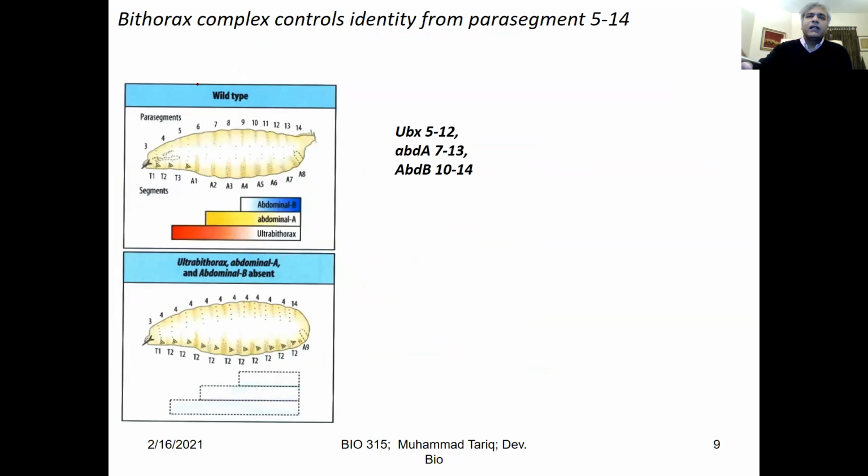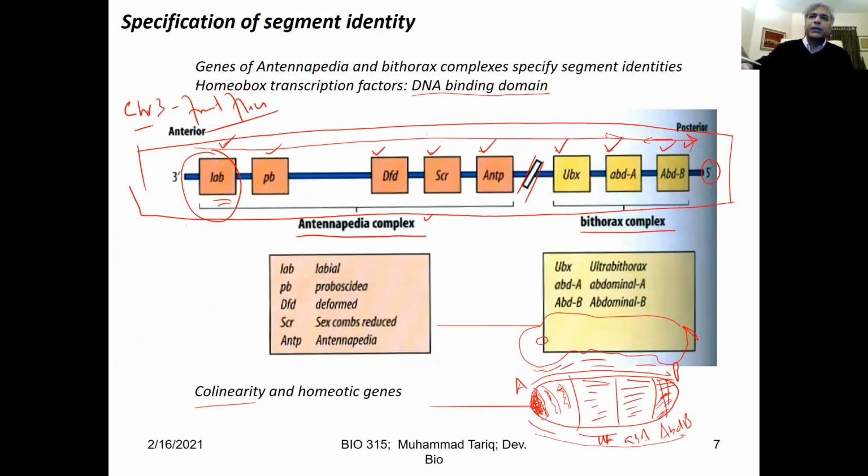Okay. Now let's look at some of the examples linked to the bithorax complex: UBX, ABDA, and ABDB.